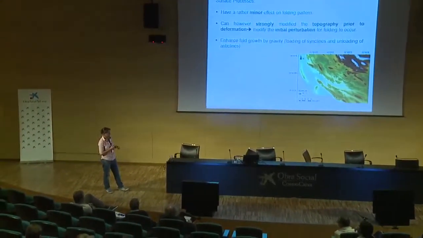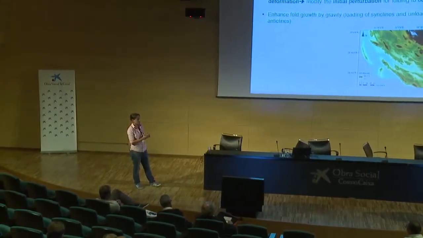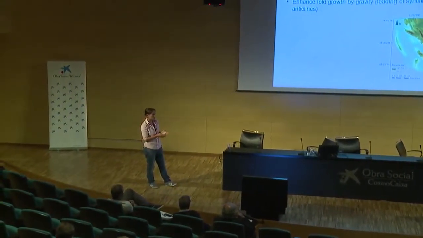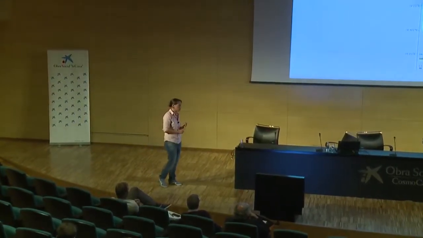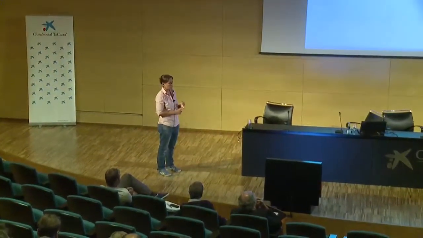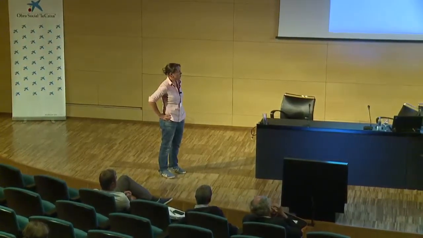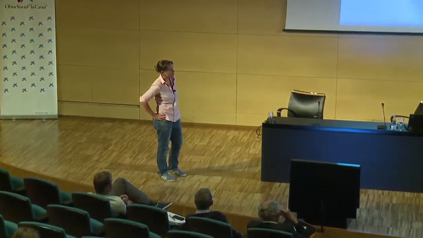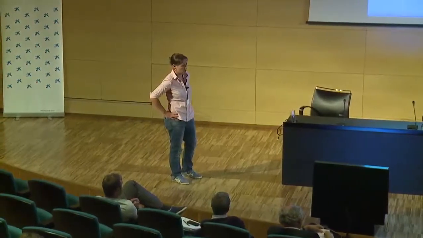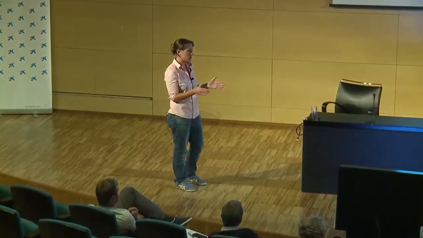There are three things, I guess. It's because the folds developed first at the front of the compression, so this already reduces the efficiency of the drainage network. I use a transport-limited model, so it's probably not as efficient as a stream power model. And it also comes from the boundary conditions applied in the mechanical model, because even if between each mechanical time step you update your topography, you don't have a fixed base level.